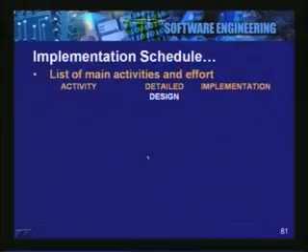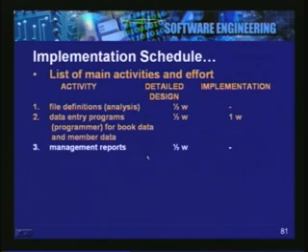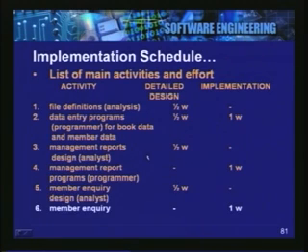So, here is the list of various activities. You can go through these in detail, but as you see here, we have listed the various activities that need to be performed, starting from file design, development of data entry program, then coding modules for management reports. Now these reports will be first designed, these programs will be designed and then they will be coded.